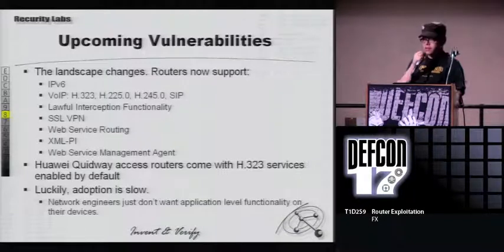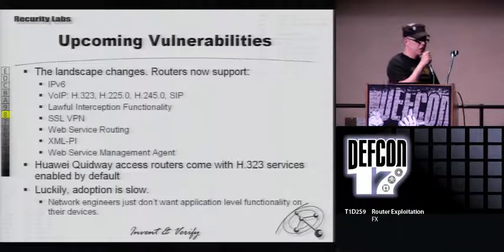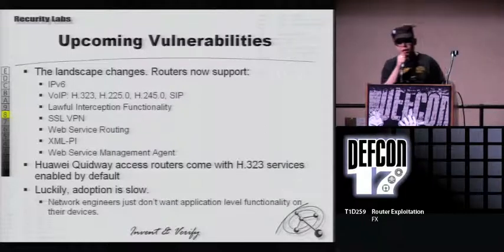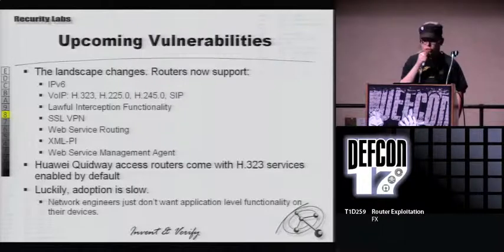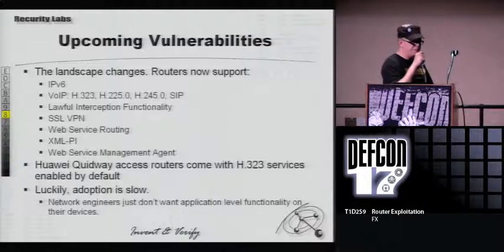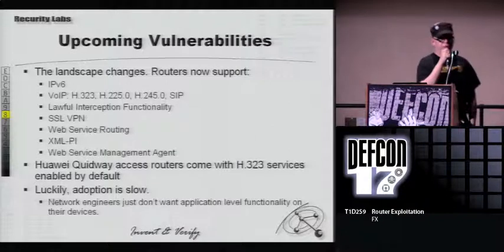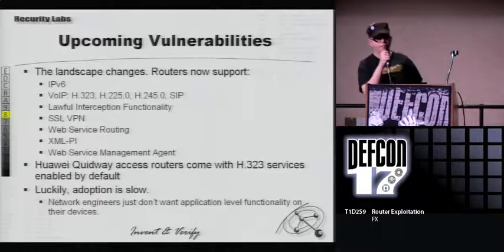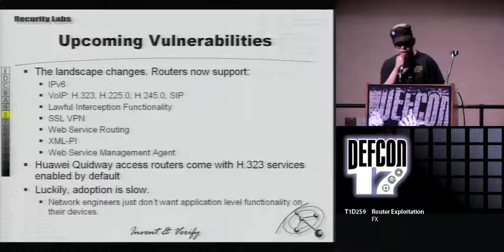And then governments come around and say, we need internet surveillance, so they're putting lawful interception functionality into the routers. People put SSL VPNs on them. There's a brilliant new idea from Cisco, which is called Web Service Management Agent. So it's actually opening a web server port on your router, and you send it XML data to manage the router. So they can actually make it Web 2.0.